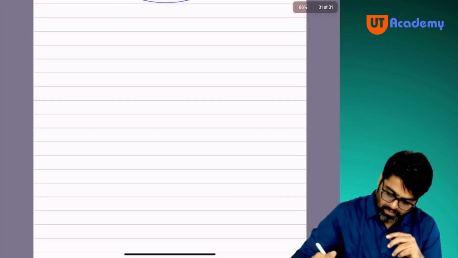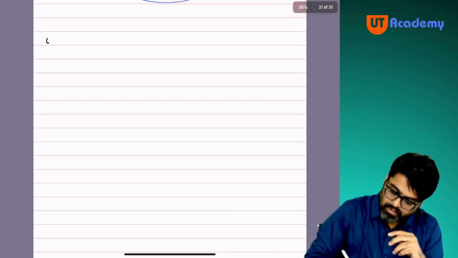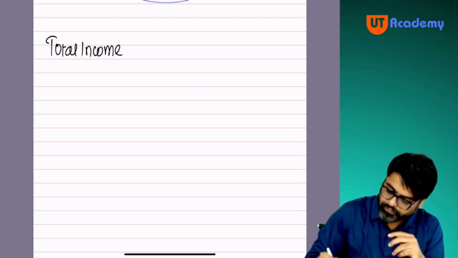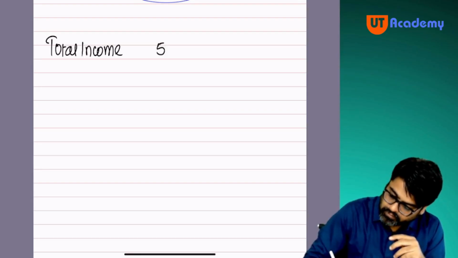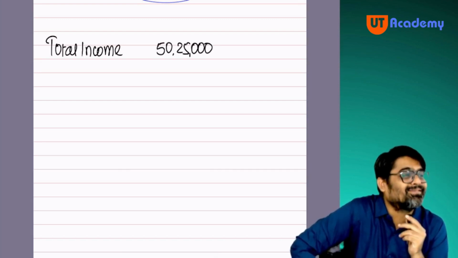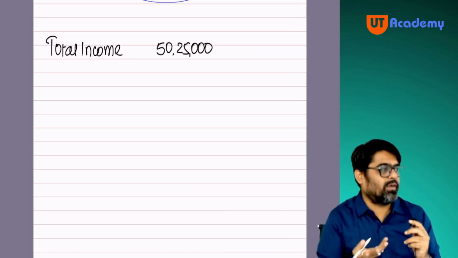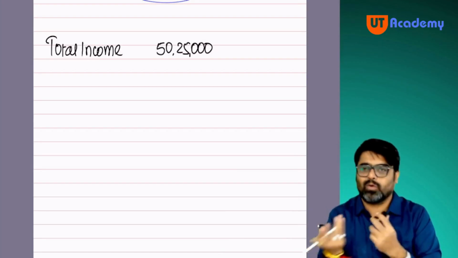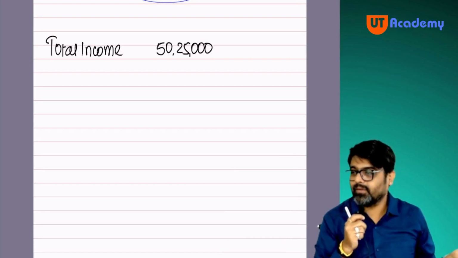Now one more example I am taking. Pay attention. Now for example, total income is 50,25,000. It is not always that my total income will be 51 lakhs. My total income can be 50,25,000.